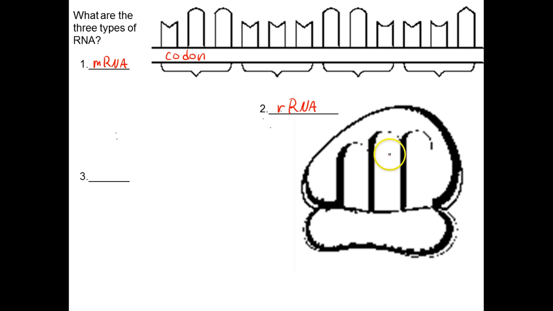The reason why I show a ribosome is because ribosomes consist of proteins and rRNA. And rRNA is one exception I always talk about when I talk about enzymes. We also refer to it as a ribozyme because it has catalytic action.